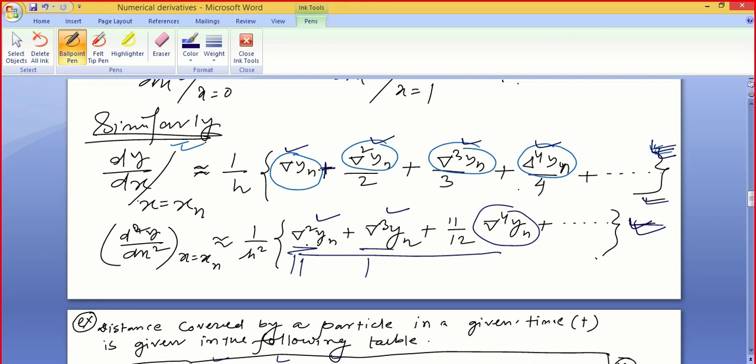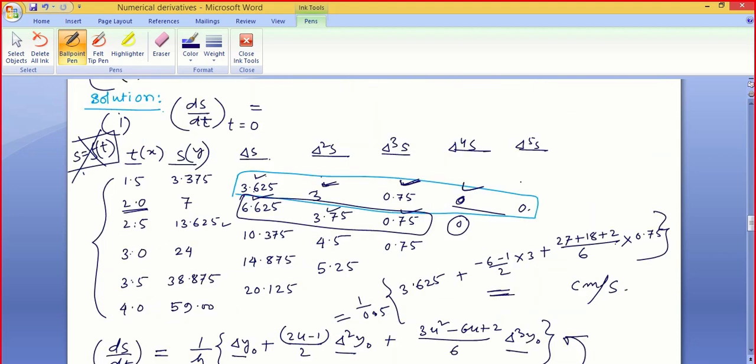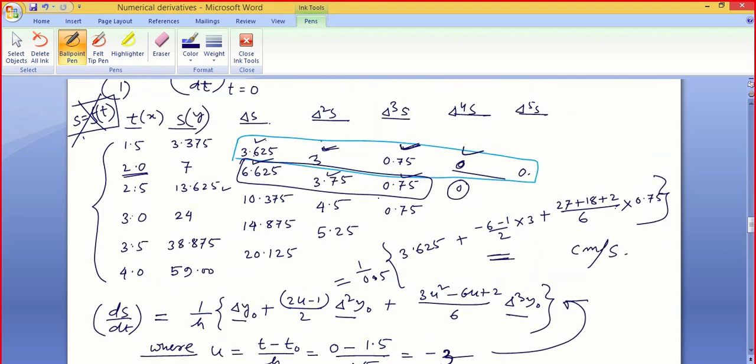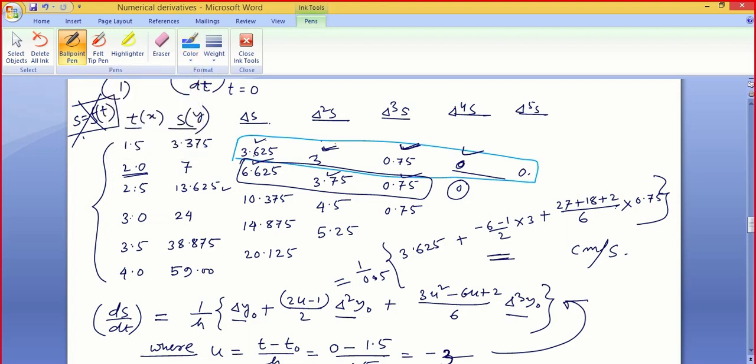Same type of things, but you have to pick up the lower diagonal elements. At 3.5, from first difference, second difference, third difference, you pick up 3 values. For 3.5, your first difference is this, second difference is 4.5, third difference is 7.5. These 3 values will help you to calculate velocity and acceleration.